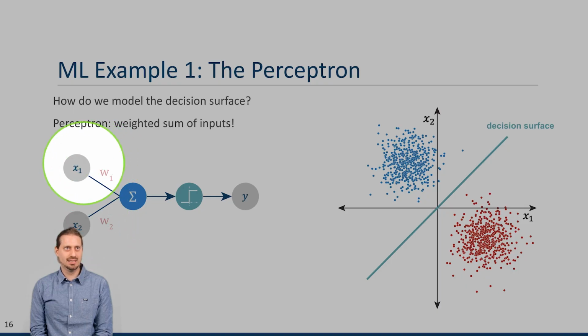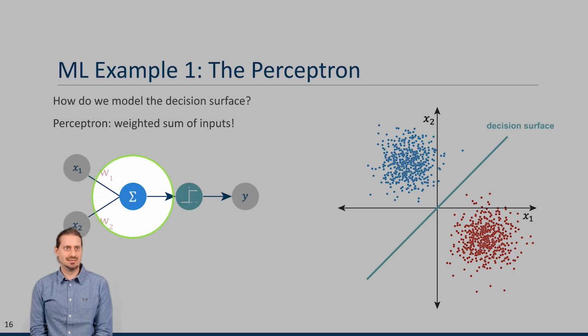So W1 is associated with the first dimension, x1, and W2 is associated with the second dimension, x2. If we have one data point here, we have some x1 value and some x2 value. What we do when we apply the perceptron is we multiply the weight W1 with the value for x1, and we multiply W2 with x2, and then we take the sum.